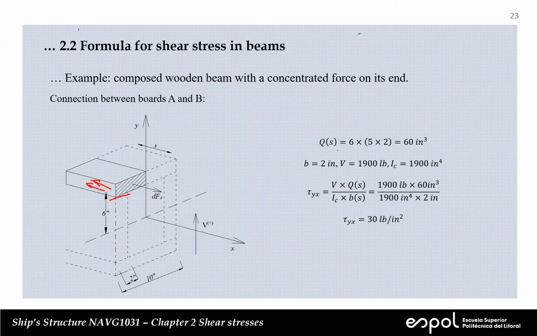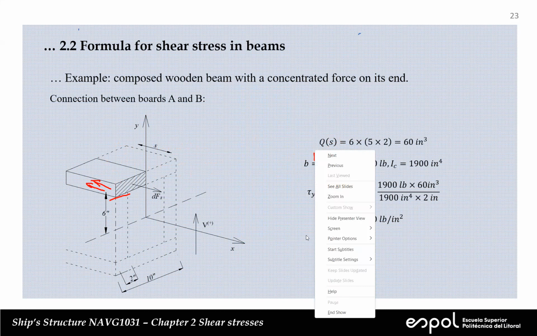So here I have the calculation of the first moment. As you can see in this diagram, the distance from the neutral axis to the centroid is 6 inches. So that's this first 6.